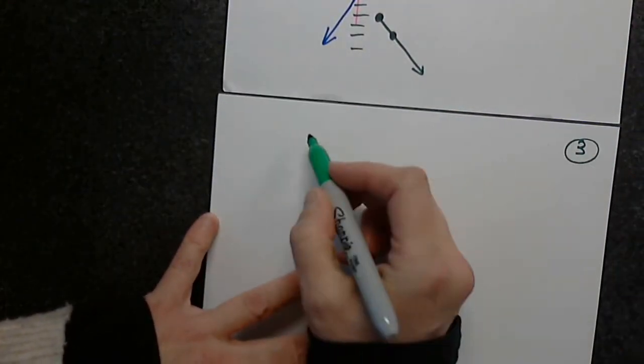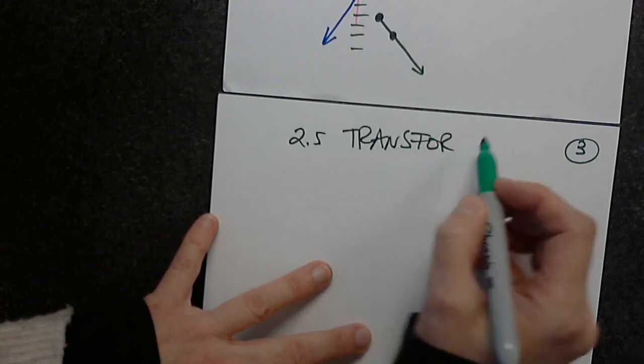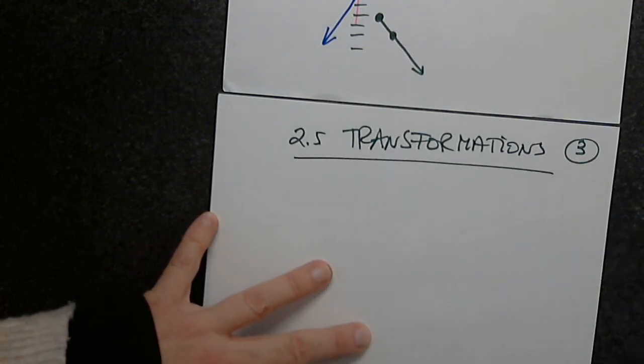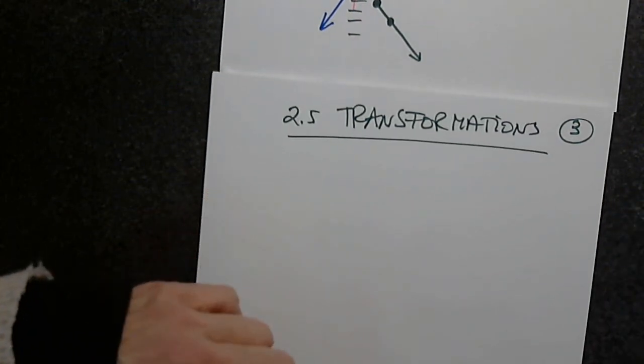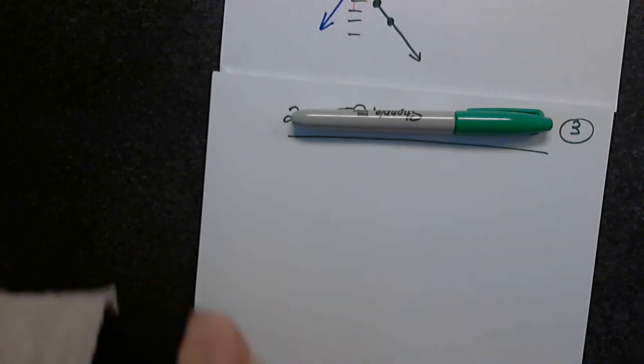In 2.5, called transformations, before I even explain what this means, we have to talk about simple functions.